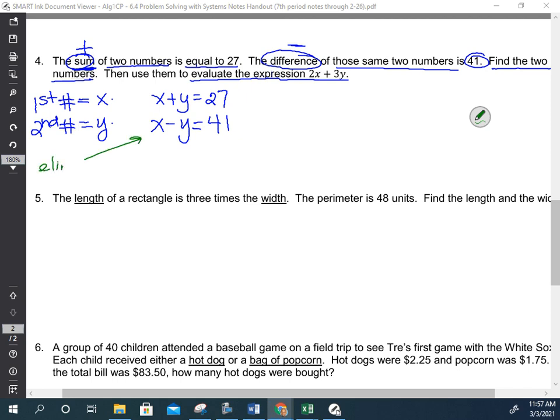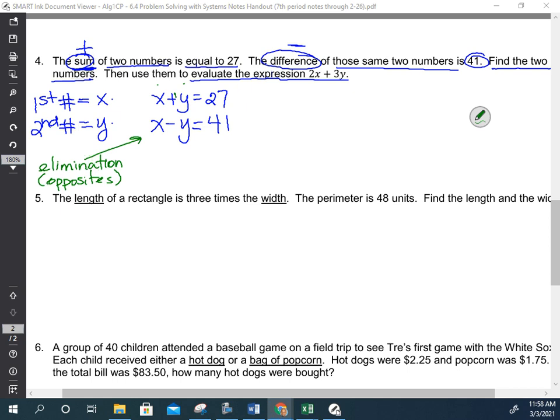So elimination means we need to have a pair of opposites. Look at your x's and look at your y's. Are either one of those opposites? I think the y's are. Remember, if there's no number in front, it's understood to be 1.